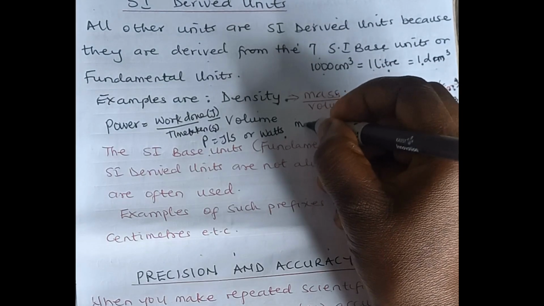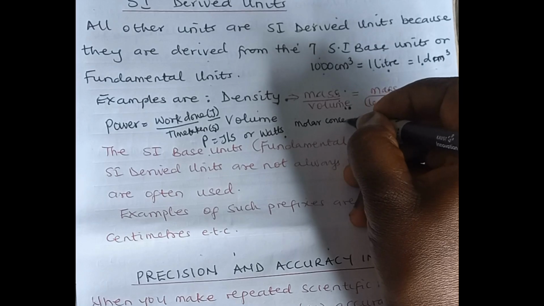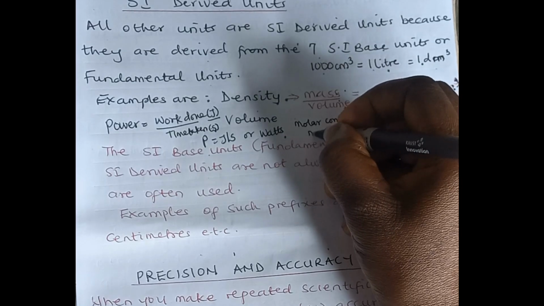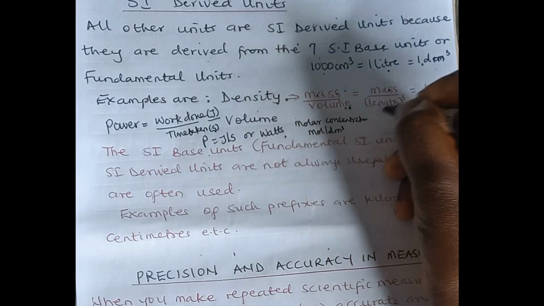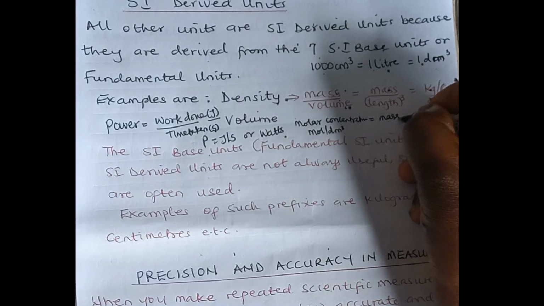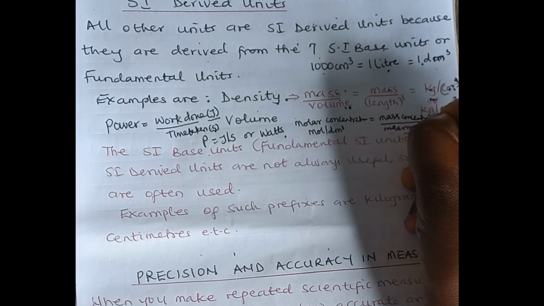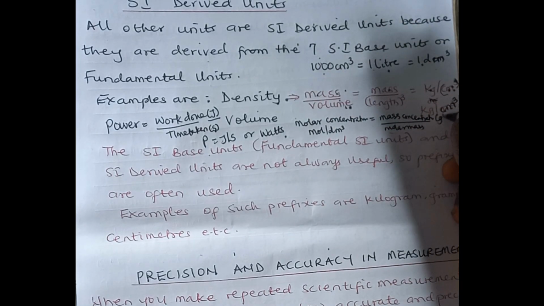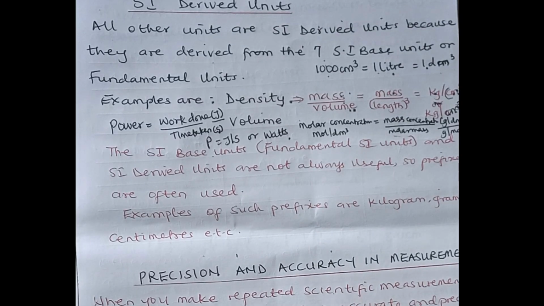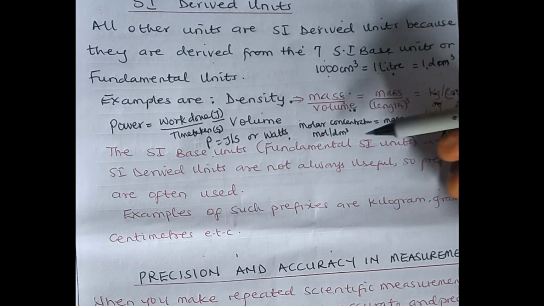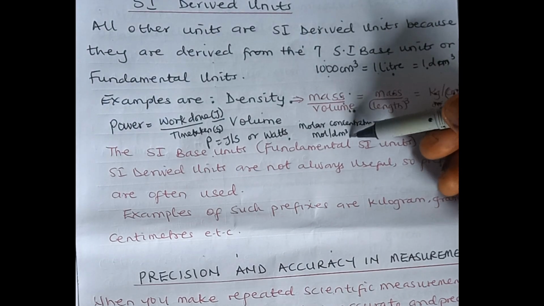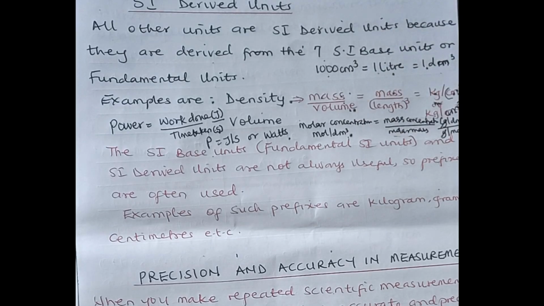Molar concentration, which is known as mole per dm cube, is equal to mass concentration over molar mass. The mass concentration is gram per dm cube, whereas molar mass is gram per mole. If you cancel gram and gram, what we have here is mole per dm cube. You can see the reason why molar concentration is mole per dm cube, and is also a derived unit.